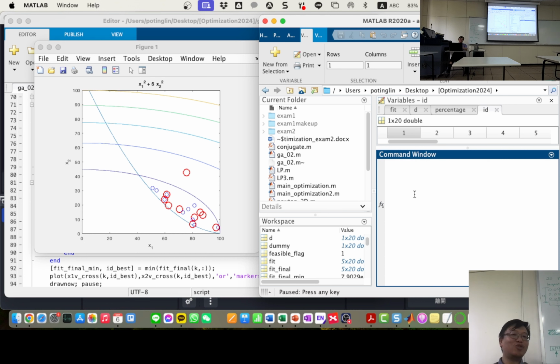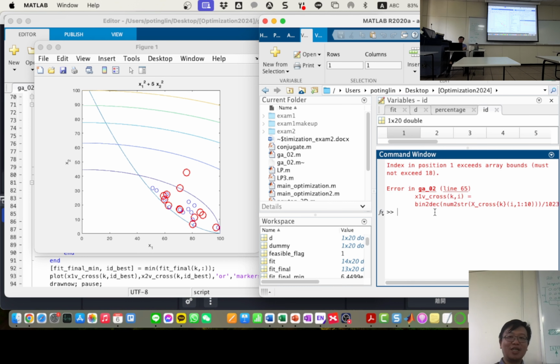So maybe I need to do something with the crossover mutation. But at least you can see it keeps on trying to find good solutions near the physical space. And I'm sorry, my coding keeps on having issues. But from here you can tell it's the randomness of GA that allows you to move around.